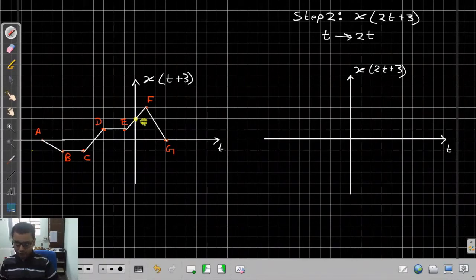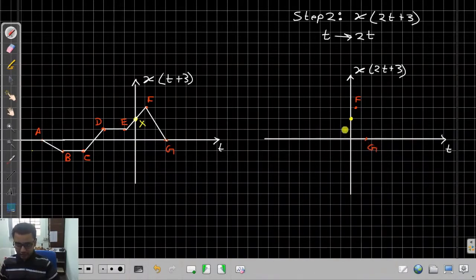So if I call this point x, x will remain at this point, but all other points will move. Point F will come closer to the vertical axis here. Point G, which is at 3 units distance from vertical axis, will now be at a distance of 1.5.